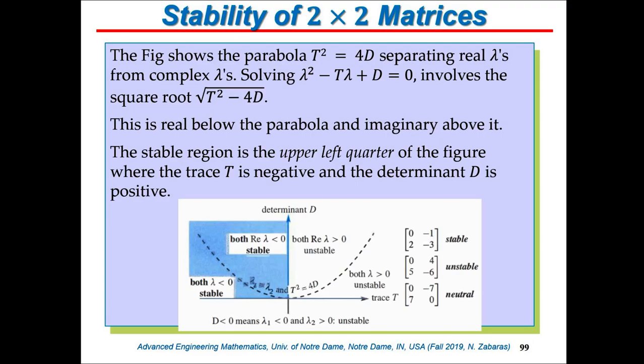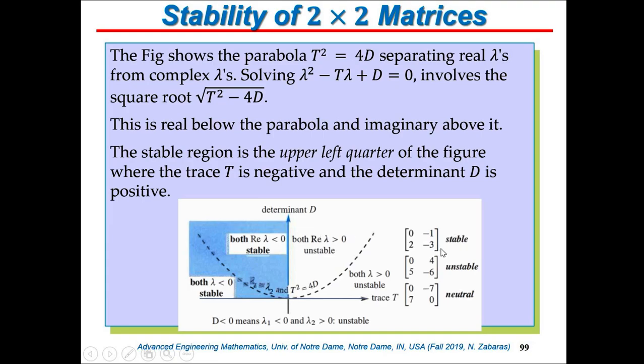On the other side, if t is negative, the eigenvalues below the parabola will be real. They will be negative, and the solution is stable. And above the parabola, you're going to get complex eigenvalues. So the real part in this region will be positive, so the solutions are unstable. Here, the real part will be negative, and the solution will be stable.